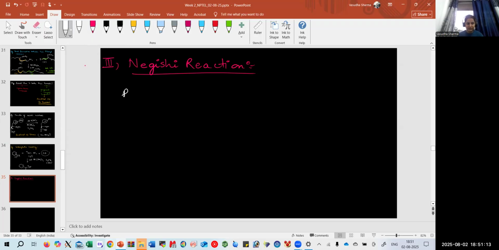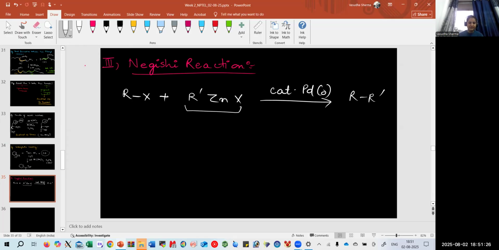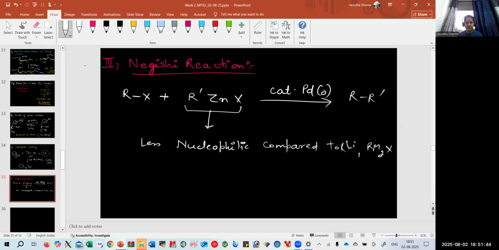So when we have RX plus R' ZnX in the presence of a catalytic amount of palladium 0, it will form R-R'. Now this is a zinc reagent, which is less nucleophilic compared to R lithium and RMgX.